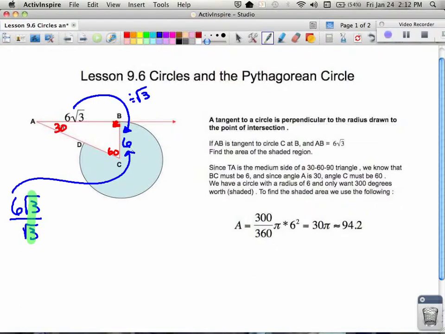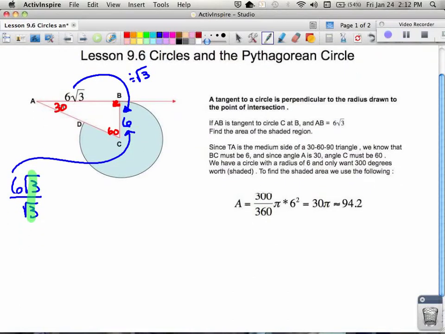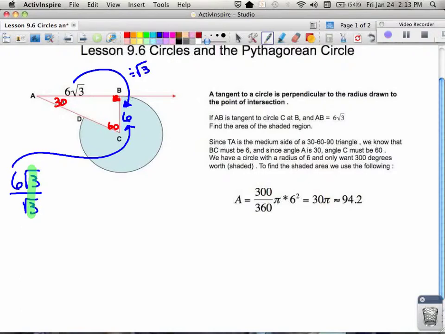Now that I know the radius of my circle, I know that the area of my circle is pi times the radius squared. Or in other words, I would have pi times 6 squared, which I would of course call 36 pi.